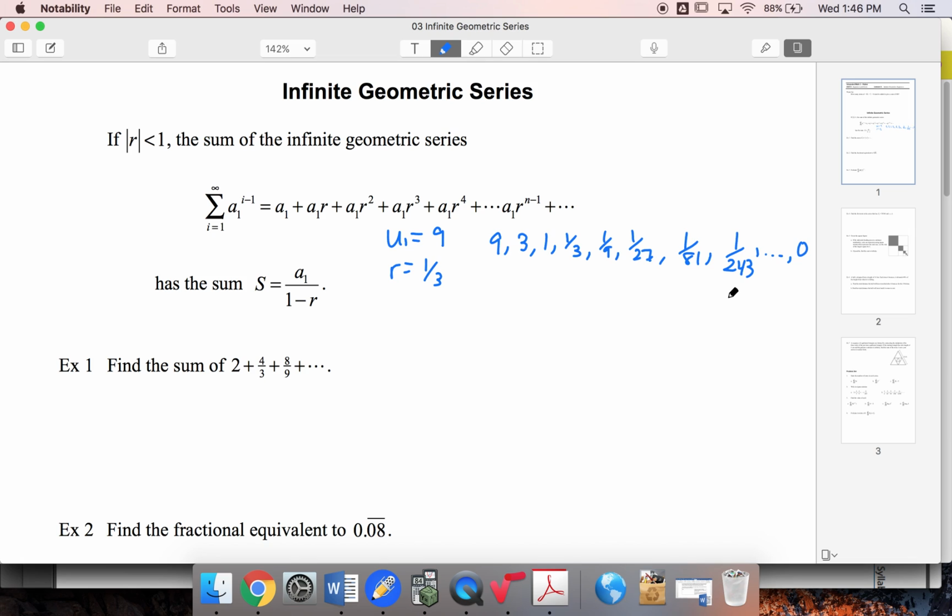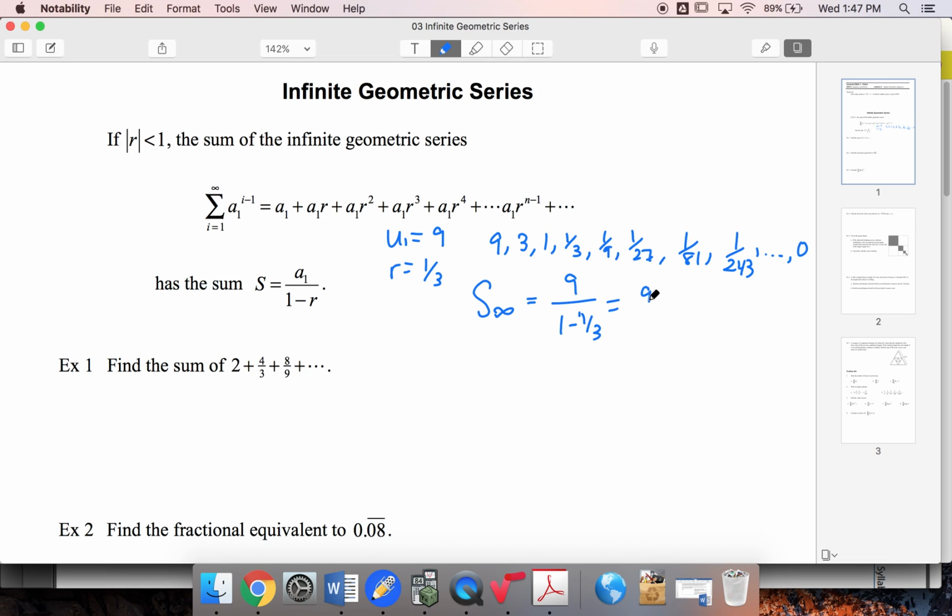the sum. Well, what this means is that I can say that this infinite series has a finite sum, and the formula for that sum is the first term over 1 minus r. So in this scenario, my sum to infinity is the first term over 1 minus 1/3.